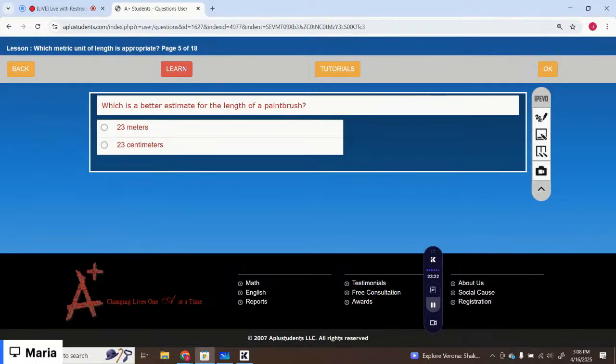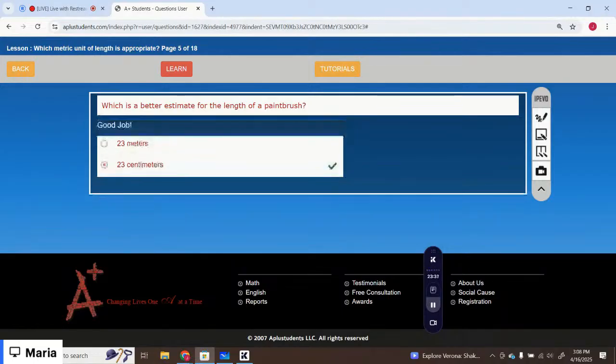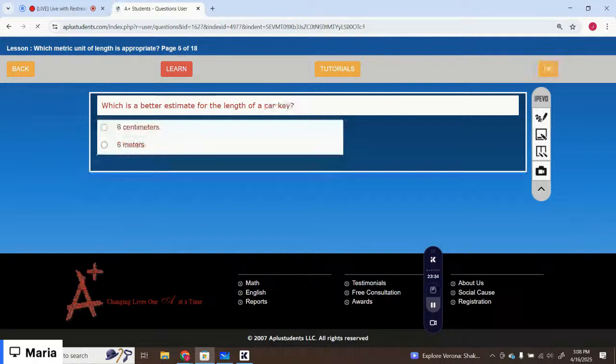Which is a better estimate for the length of a paintbrush? The paintbrush must be in centimeters. That is 23 centimeters. Option two is the correct option. Which is a better estimate for the length of a car key?